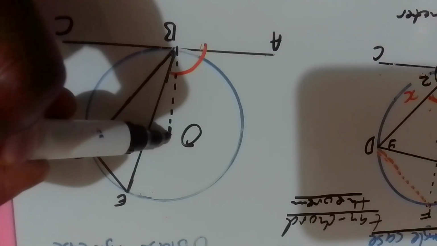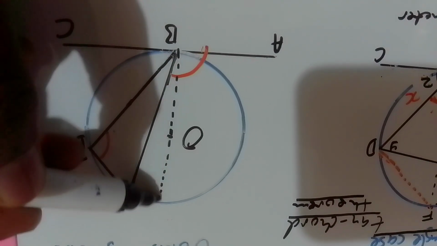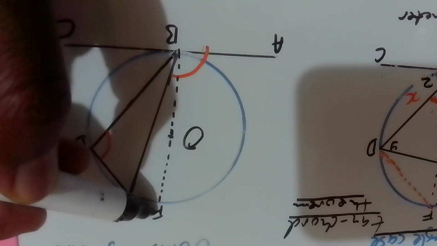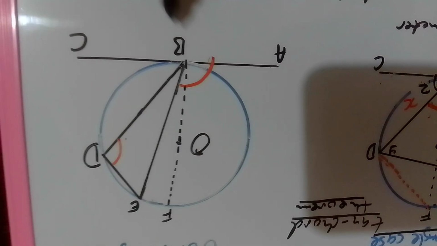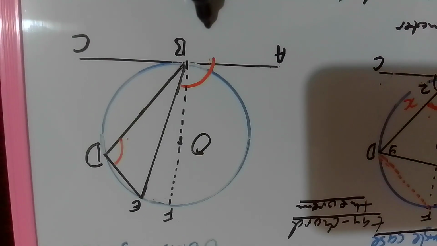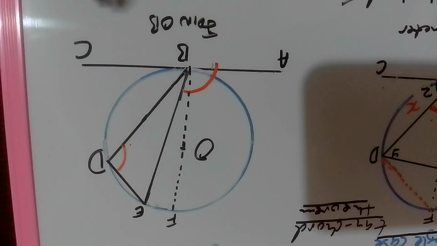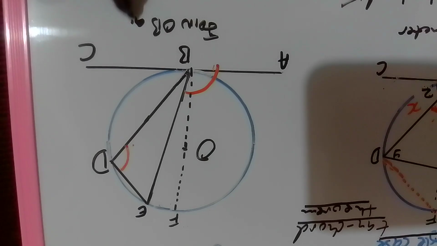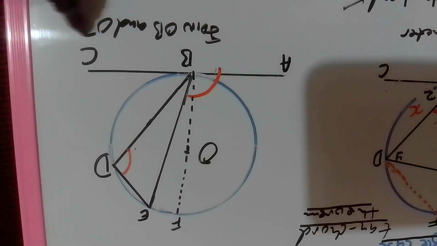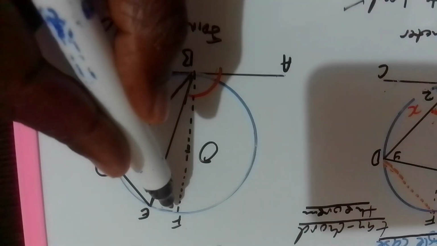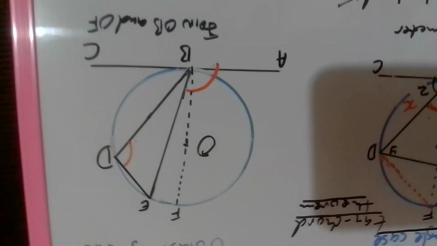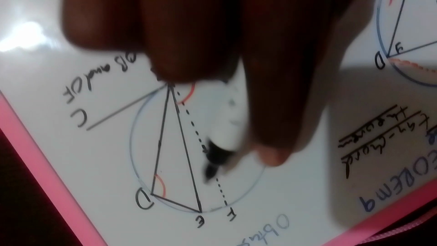And I'm going to create a point F here. Then I say join OB and OF, which is what I created. But from there, what am I going to do with point F?